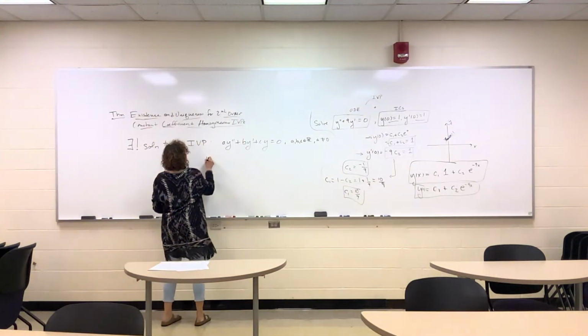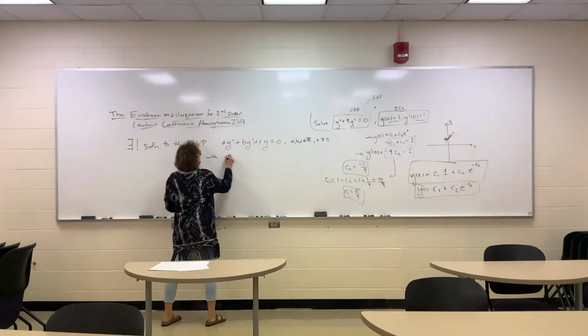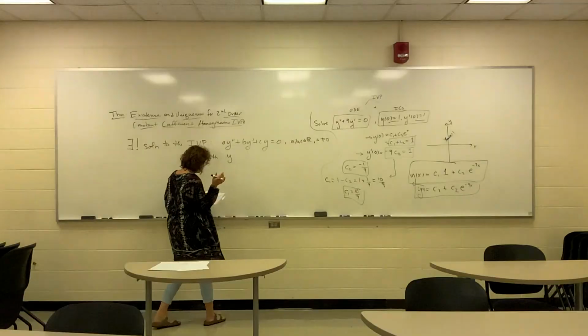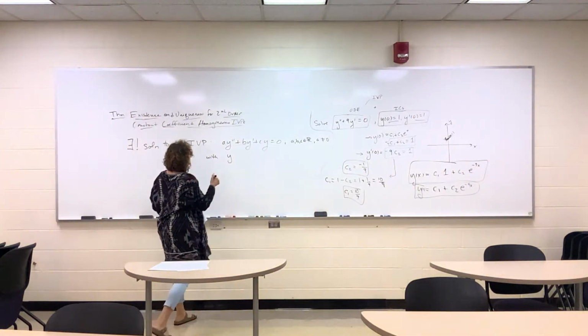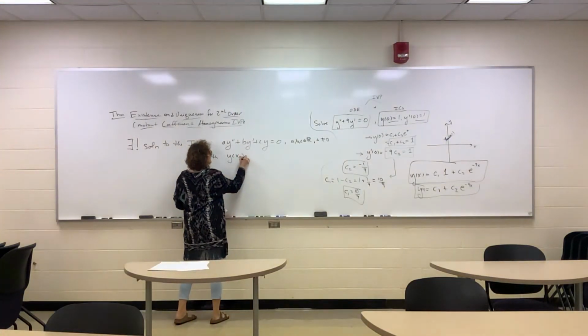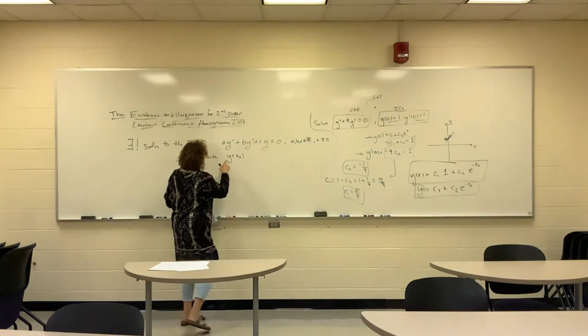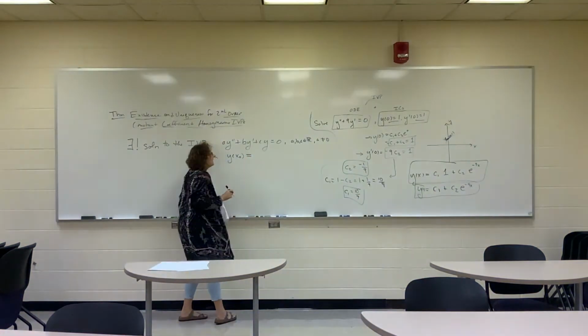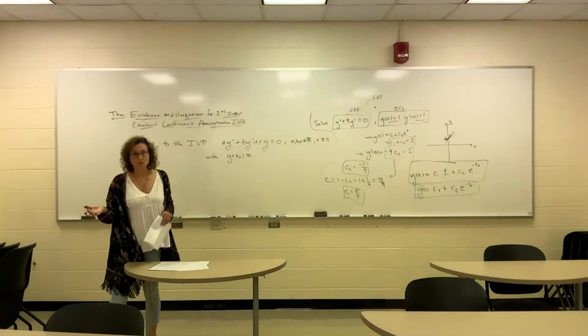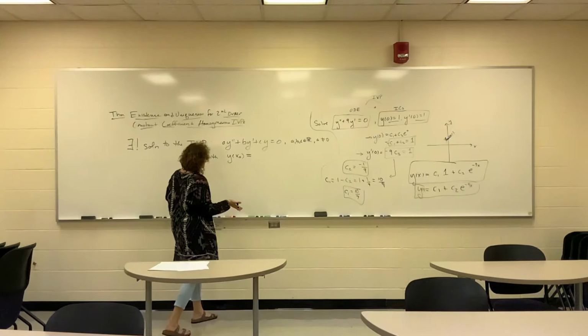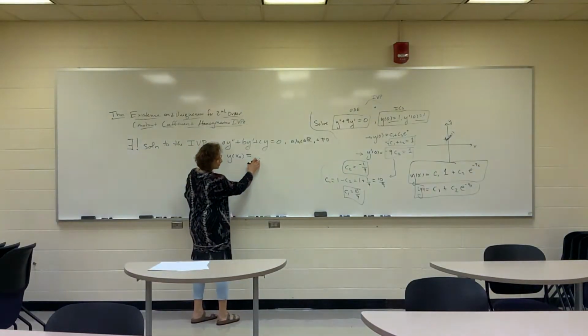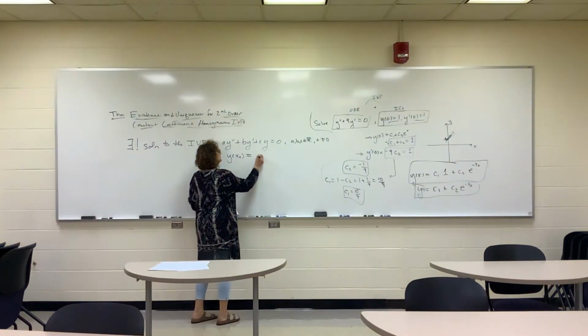Okay, and then the initial conditions. Lots of different books use different notation for the initial conditions. Y at X, since we're using X, we'll use X naught. If you use T, you usually use T naught. So Y evaluated at X naught. And normally in first order we said it's equal to Y naught, but we're not going to use Y naught. We'll see if you can figure out why.